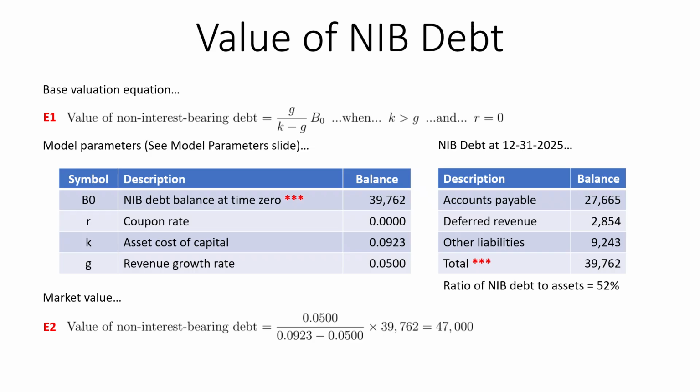So the same thing here is that not only don't we have to pay that 39,762 back, but that non-interest bearing debt is going to grow and grow and grow, which means accounts payable is going to grow and grow and grow, and we never have to pay that back. So that's a huge benefit. So that 47,000 is an addition to our value at the end of the day.